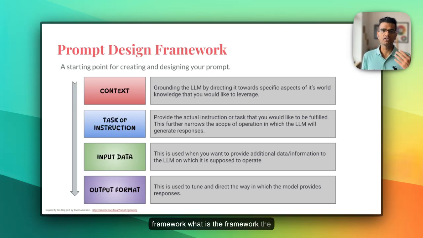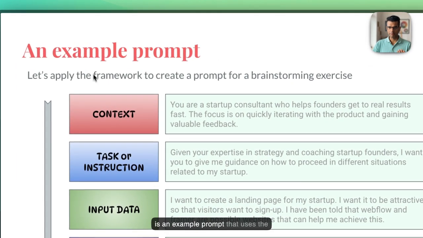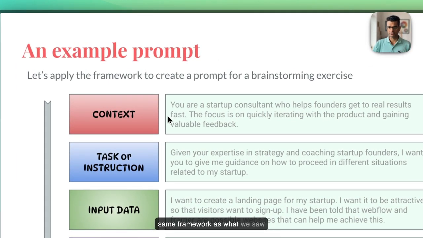What is the framework? The first one is context. That means that I ground the LLM by directing it towards specific aspects of its world knowledge that you would like to leverage. And I think it's best if I show this with an example, because then it becomes much clearer. So this is an example prompt that uses the same framework as what we saw before.